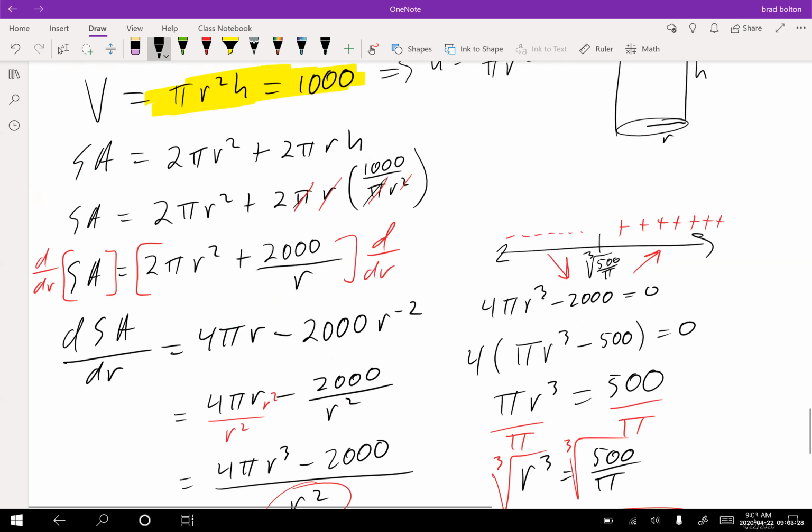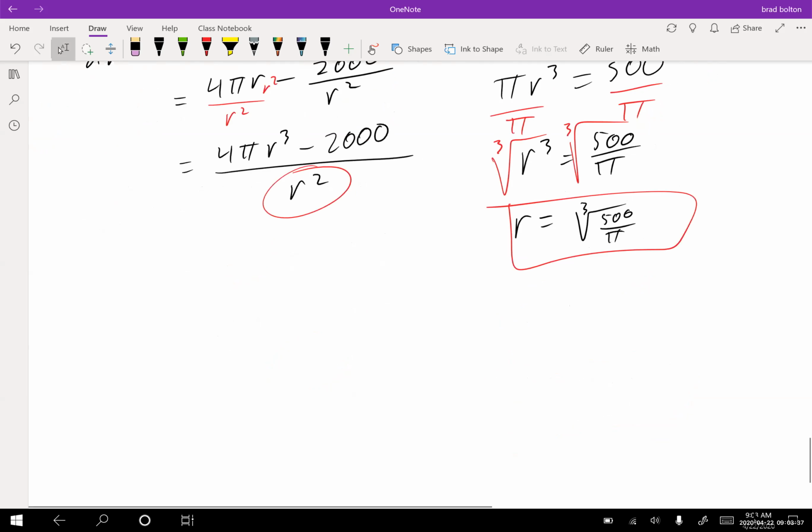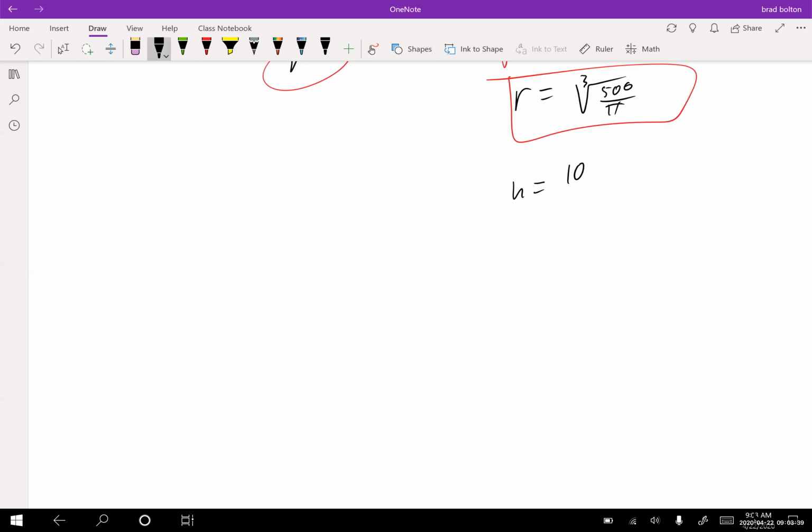Now, again, if I want to find my H, remember we said that H was worth 1,000 divided by pi r squared. So I got to come over here. H is worth 1,000 divided by pi times r squared. But we know that R is worth the cube root of 500 over pi.